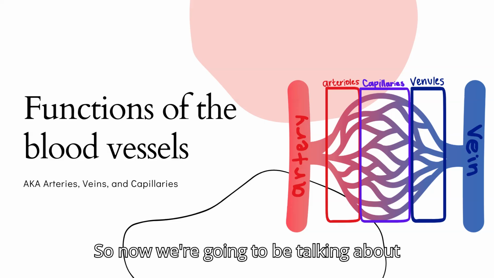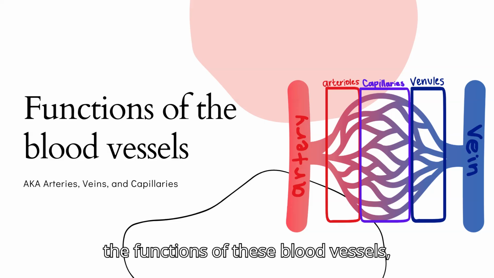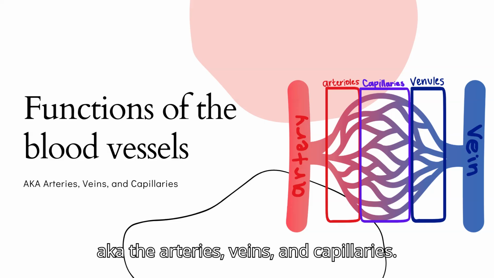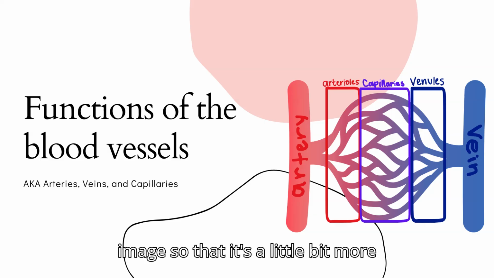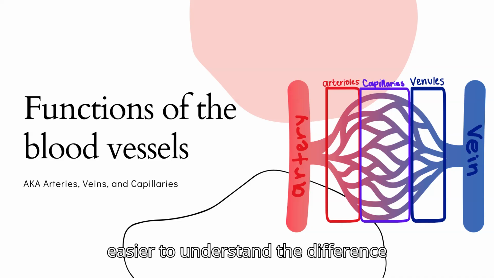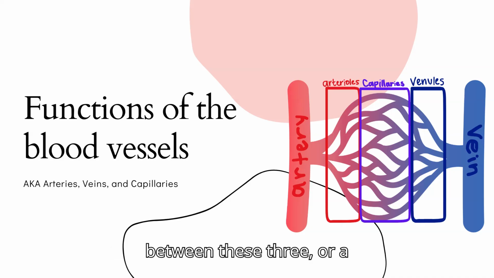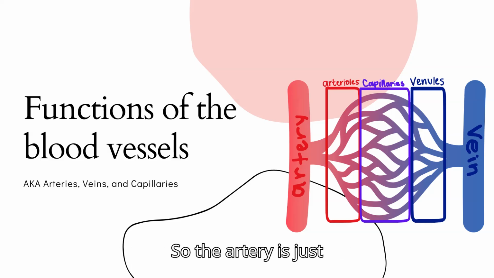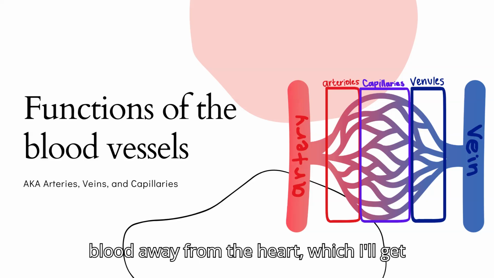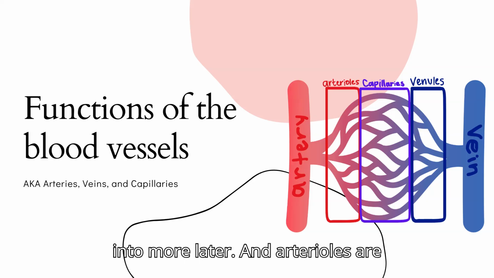So now we're going to be talking about the functions of these blood vessels, aka the arteries, veins, and capillaries. Here I made this little image so that it's easier to understand the difference between these five, I guess, because there's the artery, the arterioles, capillaries, venules, and the veins. The artery is anything that's taking blood away from the heart, which I'll get into more later.